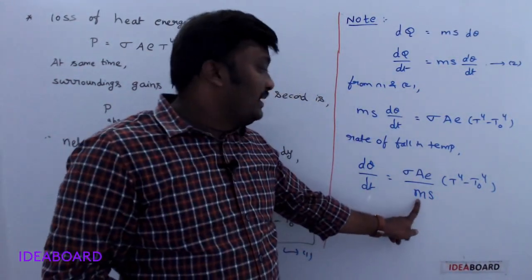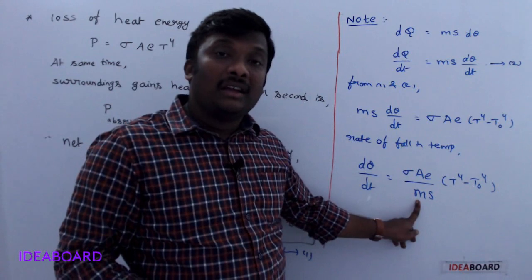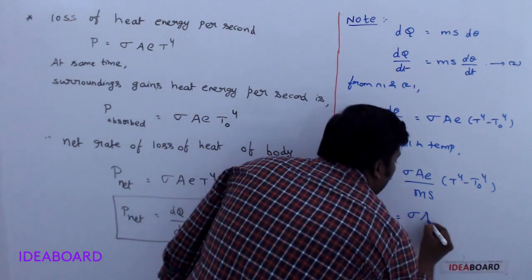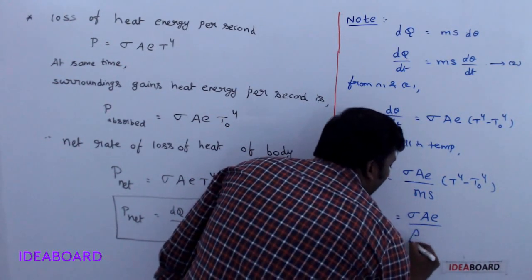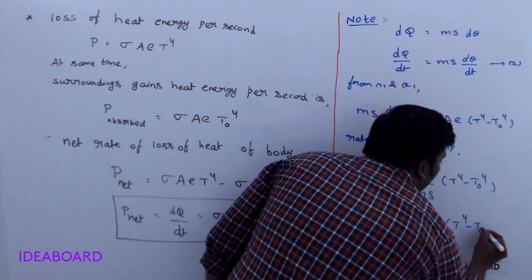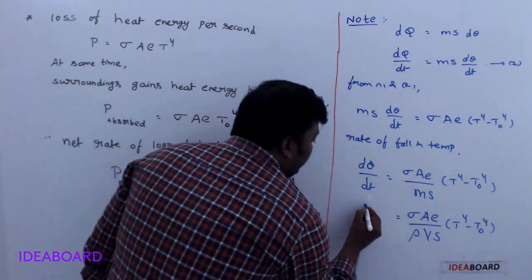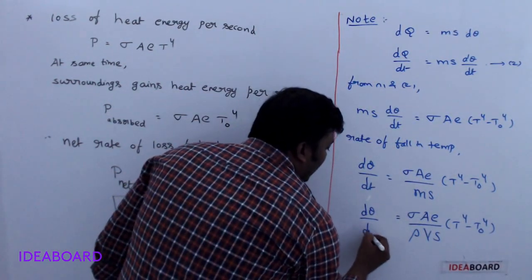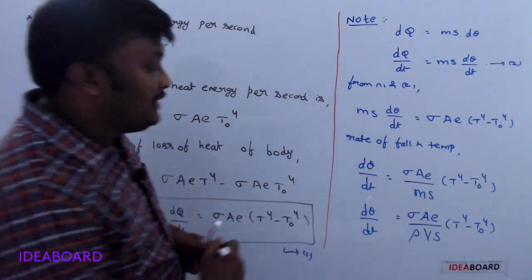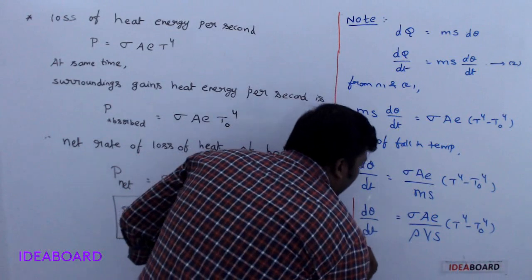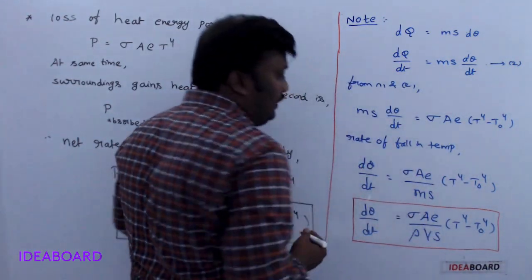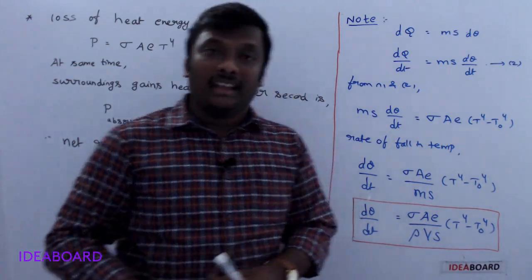Here m is mass. Mass can be written as density into volume. So it is also written as sigma AE by rho V s into T power 4 minus T naught power 4. So rate of fall in temperature has one formula. What is the formula? Sigma AE into T power 4 minus T naught power 4 by rho V s.